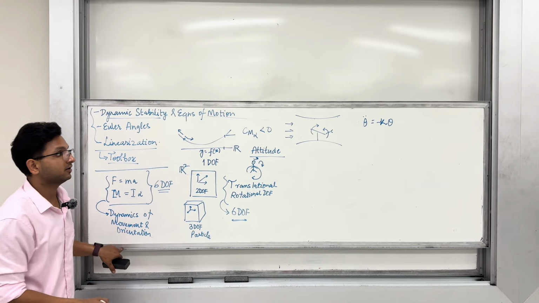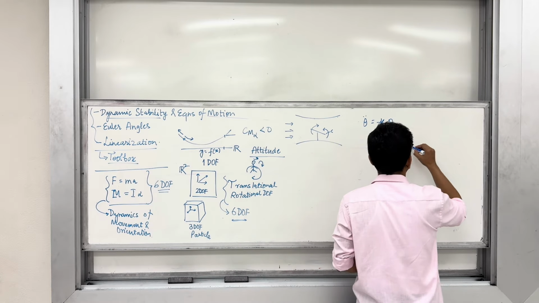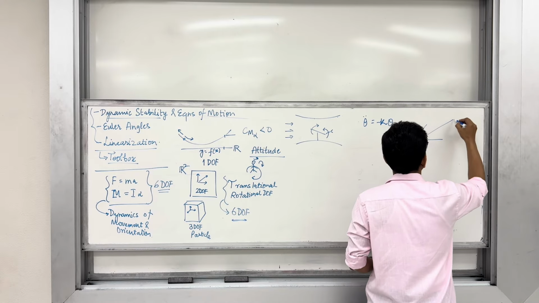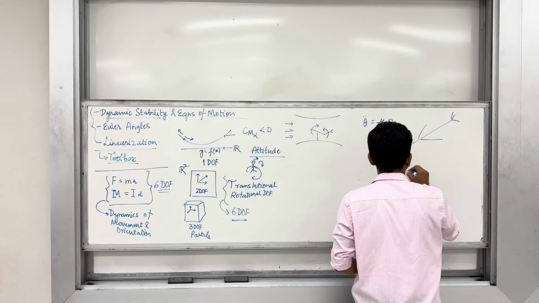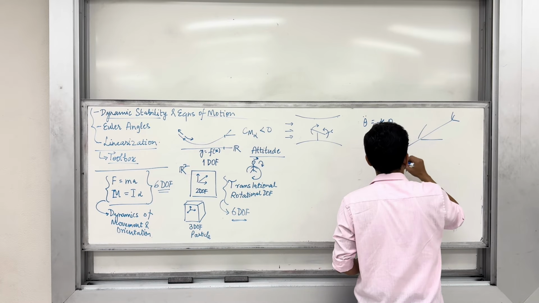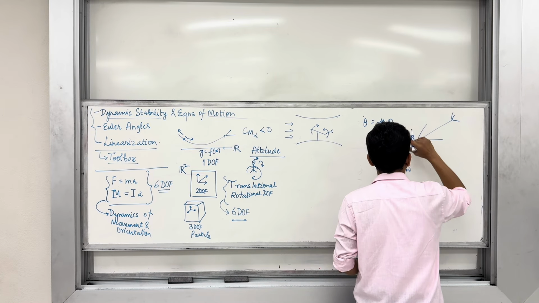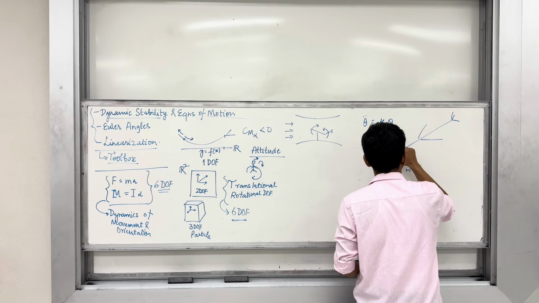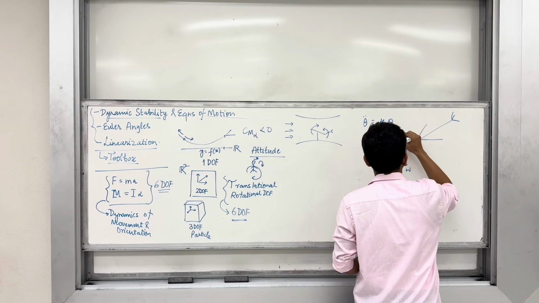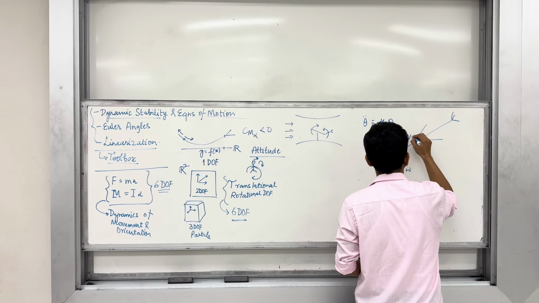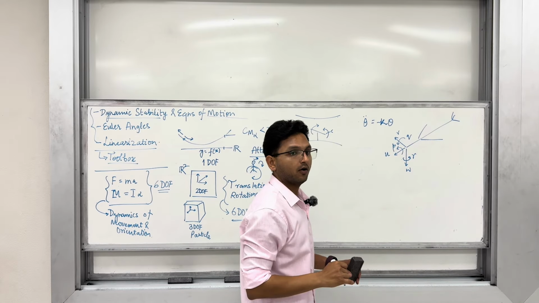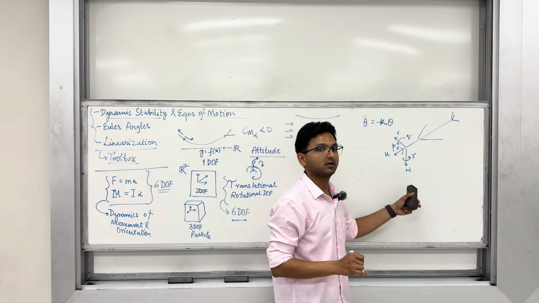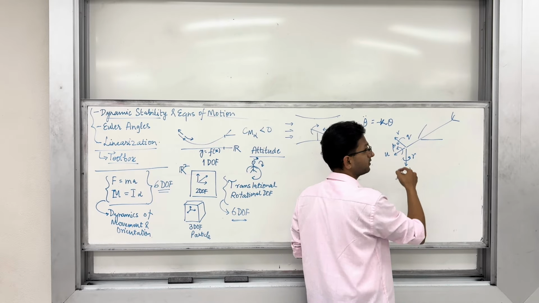We draw an aircraft like this, and we say that this is U, this is W, this is V. If you roll about U, this is angular velocity P. If you roll about this, this is Q, and if you roll about this, this is yaw rate R.